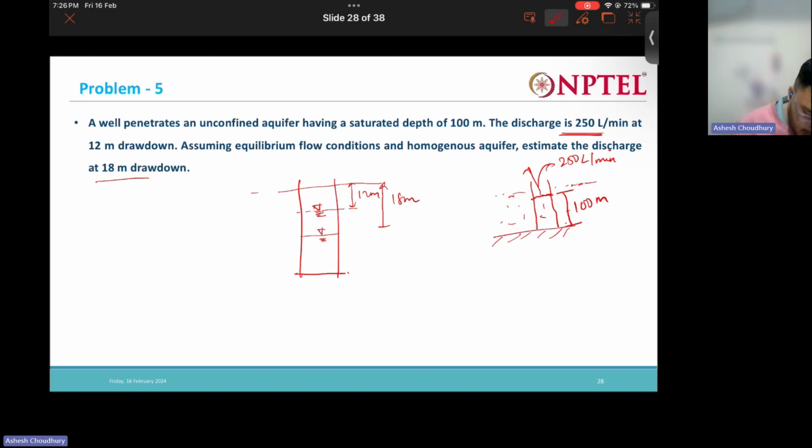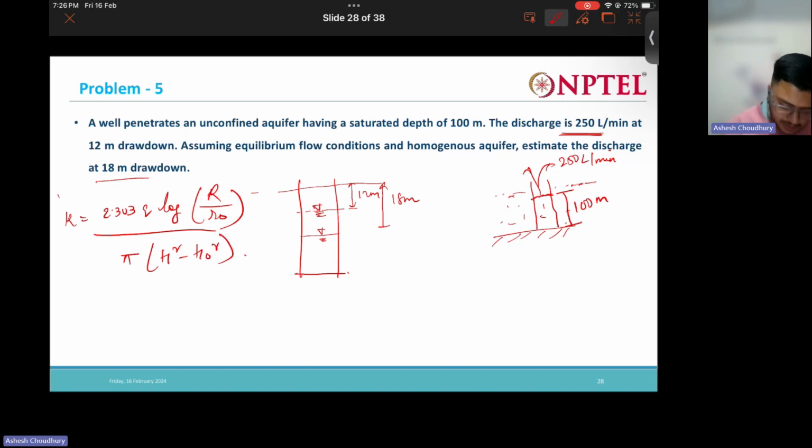For an unconfined aquifer, K is given by 2.303 Q log R by R naught, divided by pi times h square minus h naught square.